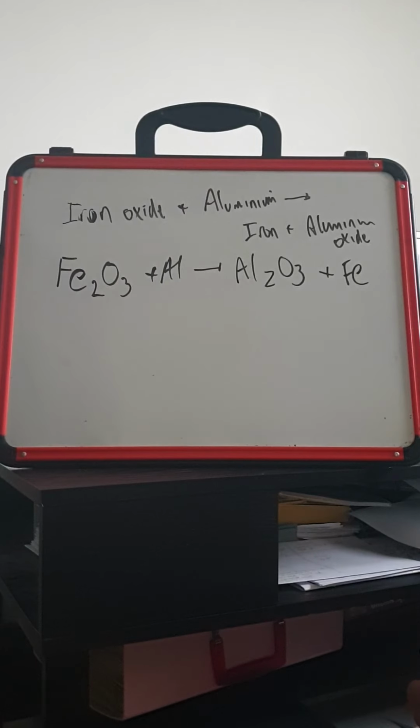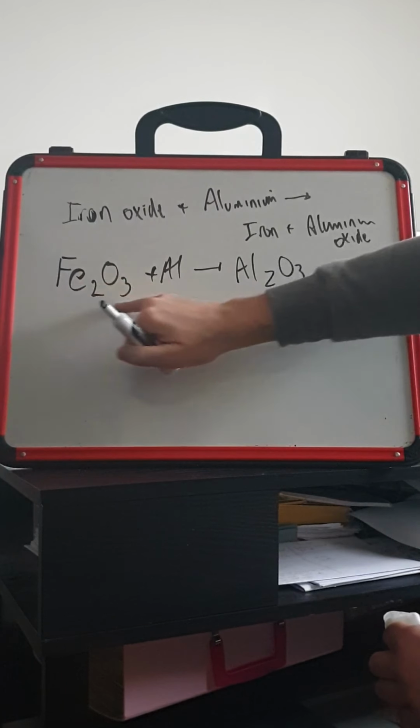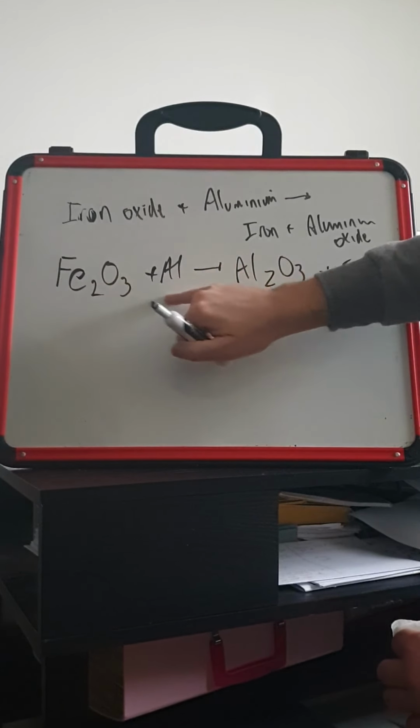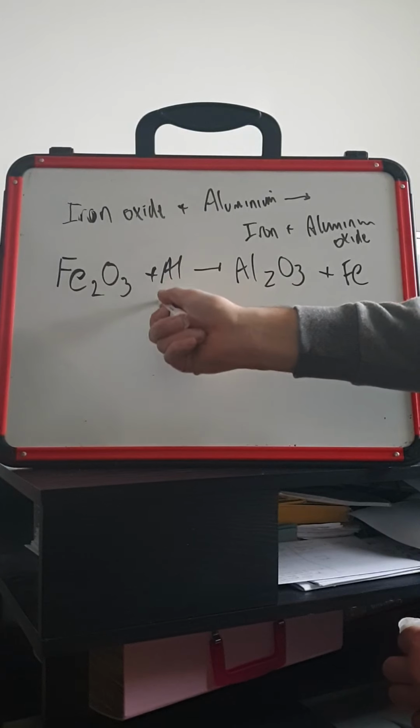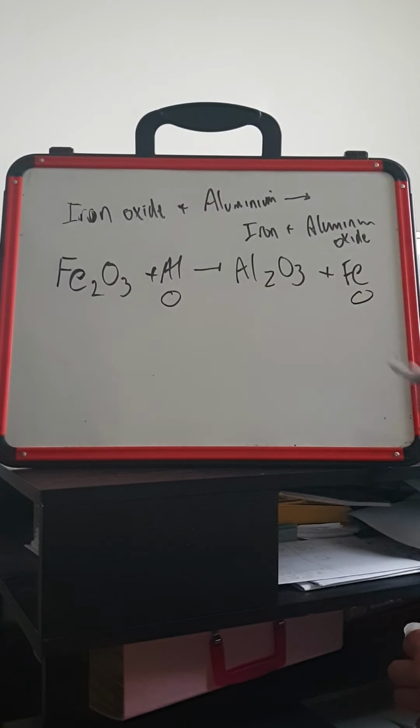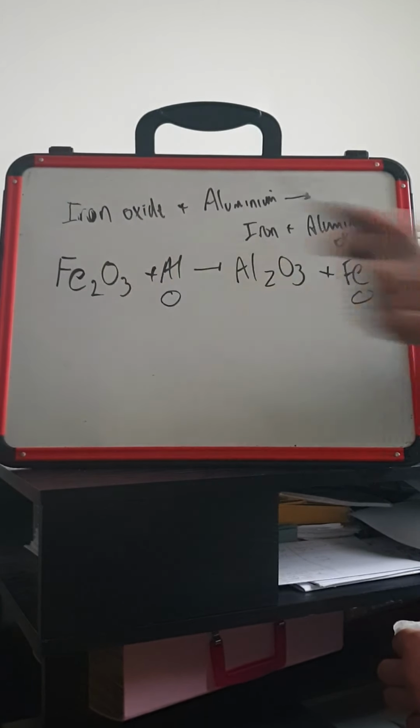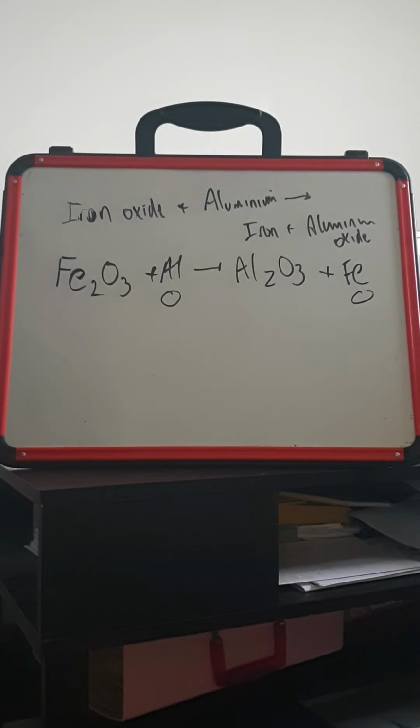And to do the electron transfer, you need to work out what your oxidation states are in compounds. But when an element exists in its elemental form, the oxidation state is 0. So the oxidation state of aluminium there is 0 and iron is 0. So oxygen, I look at my formula of common ions over here. Oxygen is O2-.